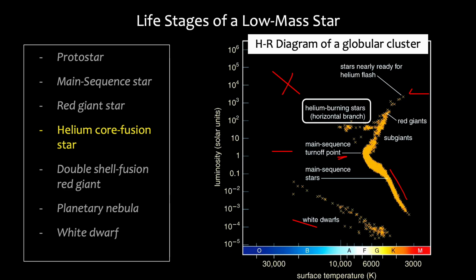But from this HR diagram, you see that indeed from the turnoff point, this cluster is old enough so that many stars have already turned off. I can go on to this part right here, and this point right here is ready to begin that change. So these stars had lived about 10 billion years.